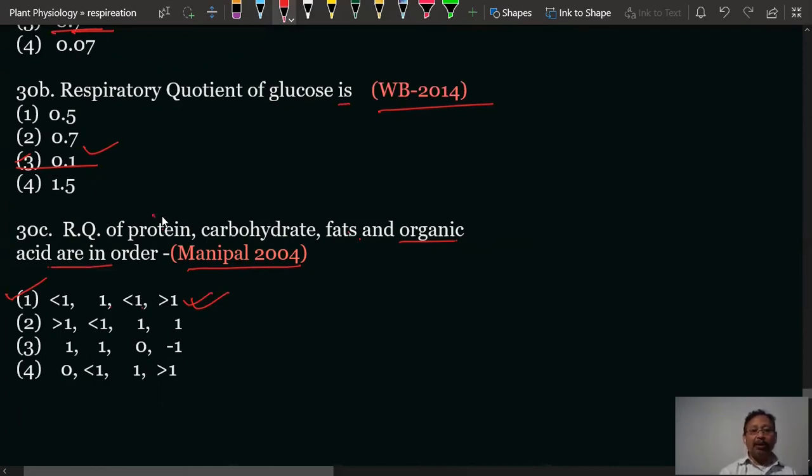If we compare the protein and fat, then fat has lesser oxygen than protein, and that's why fat has the RQ value 0.7, whereas the protein has RQ value nearly 0.9. And organic acid has very high oxygen, and that is why it has to absorb very, very less oxygen from the environment, and so its RQ value is greater than 1.